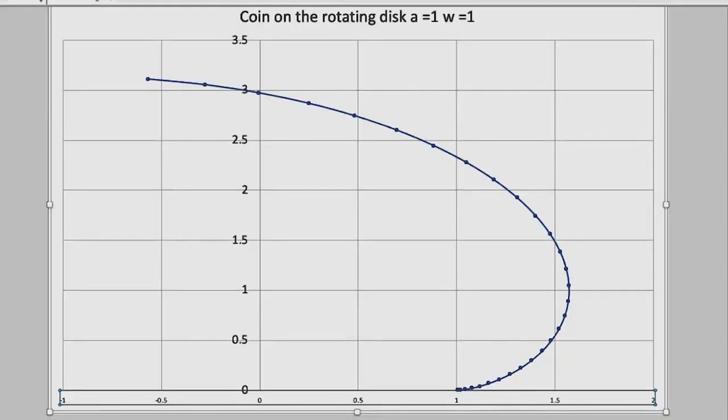So, this is that graph, and you can see the nature of the path. It starts somewhere on the horizontal x axis at 1, and see how it turns and goes away from the origin. The distance from the origin is increasing, and it is curving, and then finally it goes towards the edge.